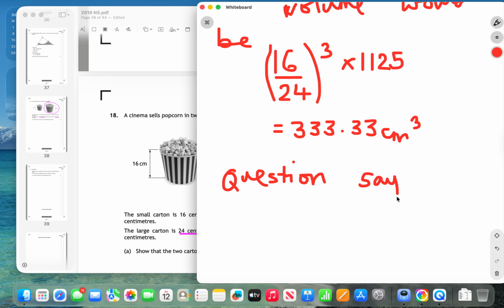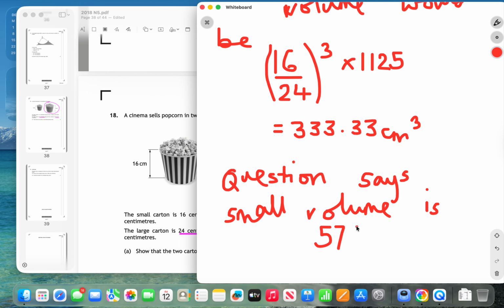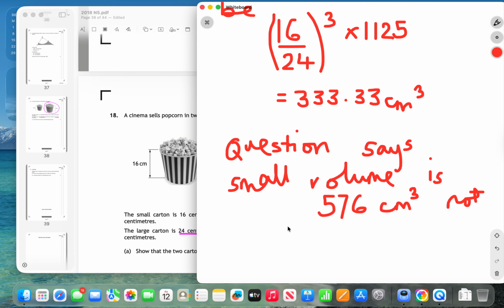So the question says that the small volume is 576 centimeters cubed, not 333.33.